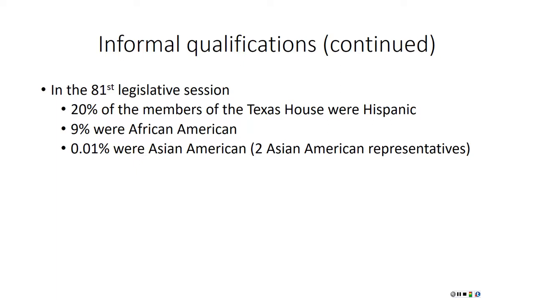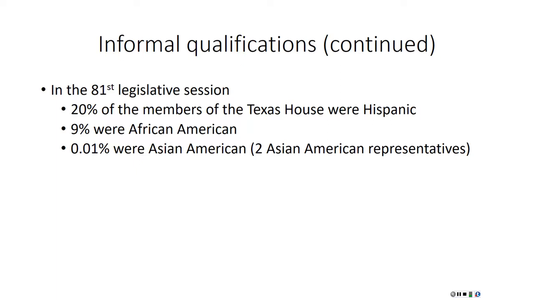Guys, which race or ethnicity, whichever way you want to look at it, was overrepresented? Even if we take Asian Americans out just for mathematical purposes, we have 29% of the House that are minorities, that are Hispanic and African American. 29% of the House, but the population was 48%. 29% of the House.